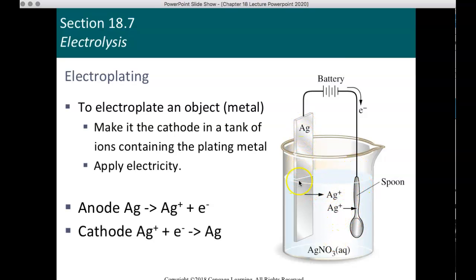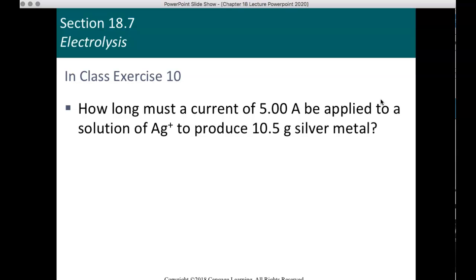So you've got a bar of pure silver. You have silver ions in solution. This is the anode. You apply electricity, the silver goes into solution, and then the silver ions are plated onto the spoon as pure silver, or onto the necklace as pure silver. Okay, so in class exercise 10, we'll be doing an example of this. We're not going to do that right now.